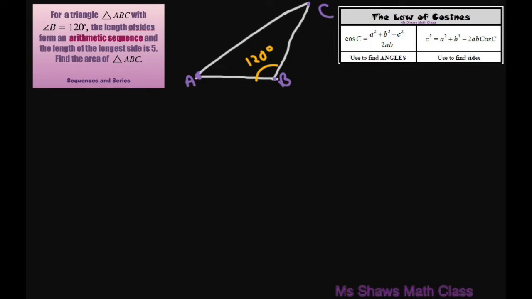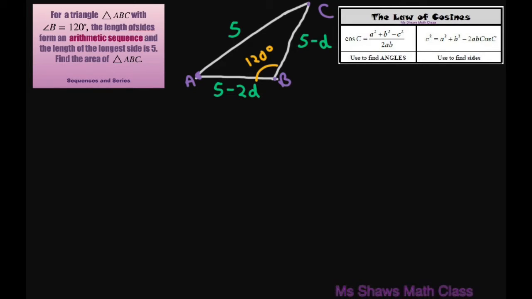So since this forms an arithmetic sequence, what we're going to do is let our longest side be 5. And since it's the longest side, the next longest side would be 5 minus d, and the smallest side would be 5 minus 2d.